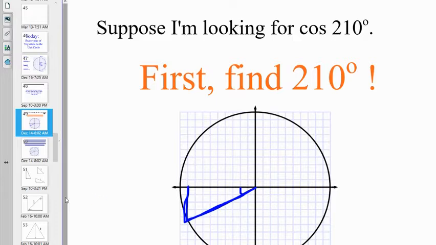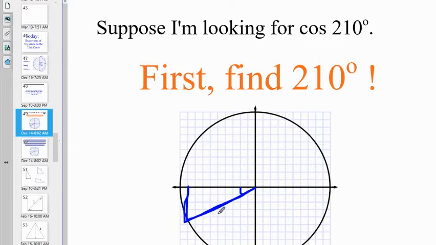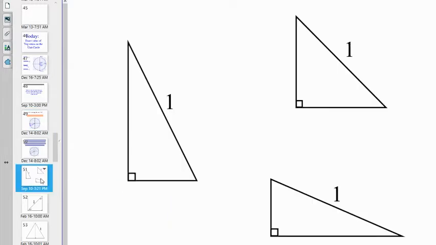Now, if I'm asking you to do exact values, the triangle that we form in whatever quadrant is going to have to be one of 3 types of triangles. I'll refer to this as the tall, skinny 30, 60, 90 triangle. This is the short, wide 30, 60, 90 triangle.